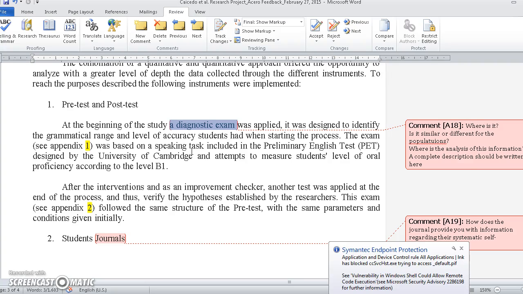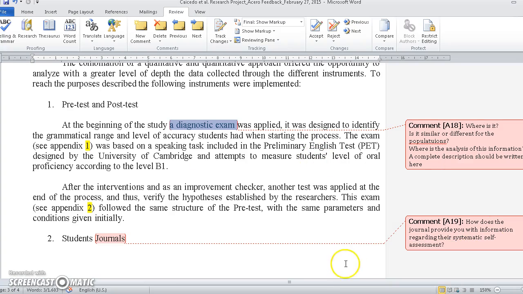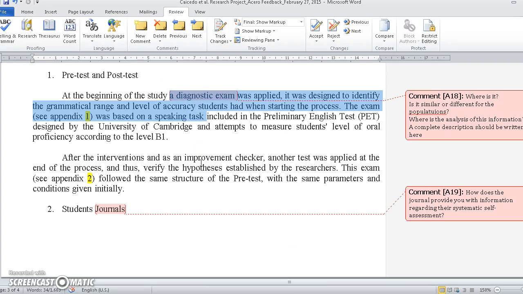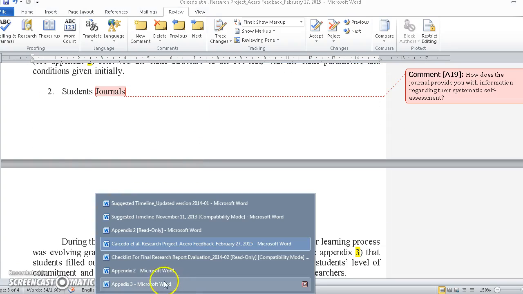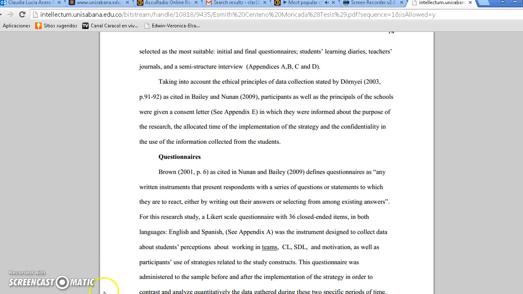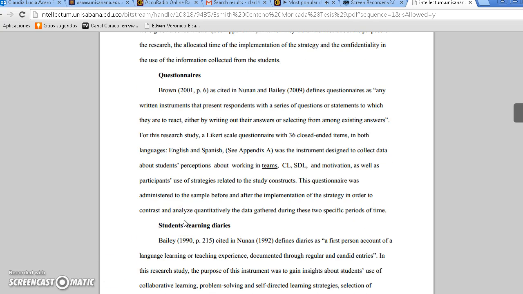What I don't see here is how the diagnostic test was applied. I don't see the results, so probably this is part of the draft that you are sending me. The journals, I see that the journals in a way, okay, one second before this.